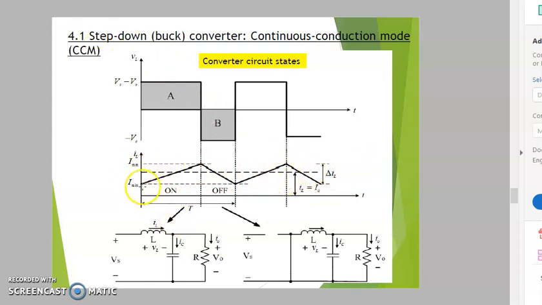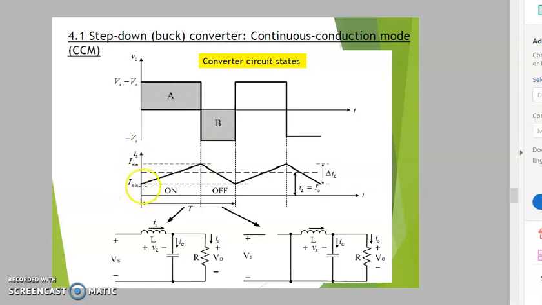So assume that the circuit is already at steady state. If the circuit is initially starting, it will start at 0, but we assume that the analysis takes place at the steady state. So we have I min and I max.